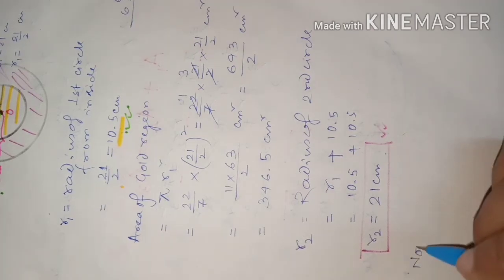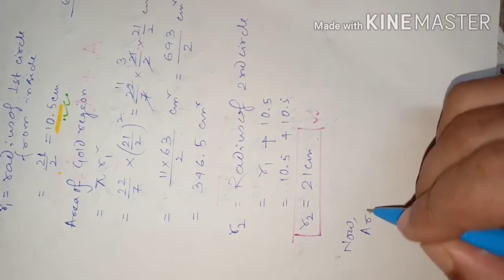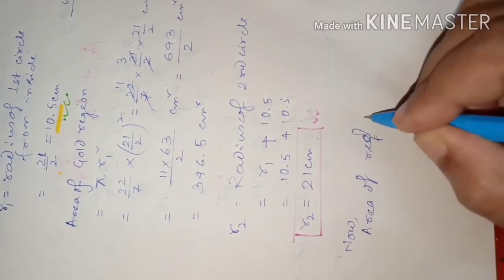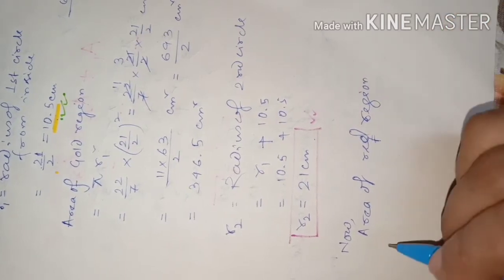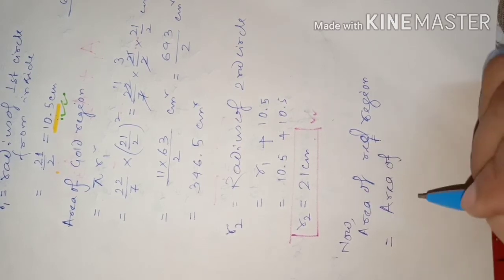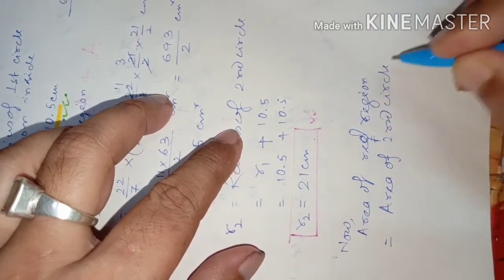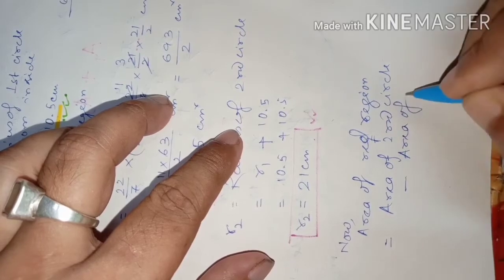Now, area of red region is equal to area of second circle minus area of first circle.